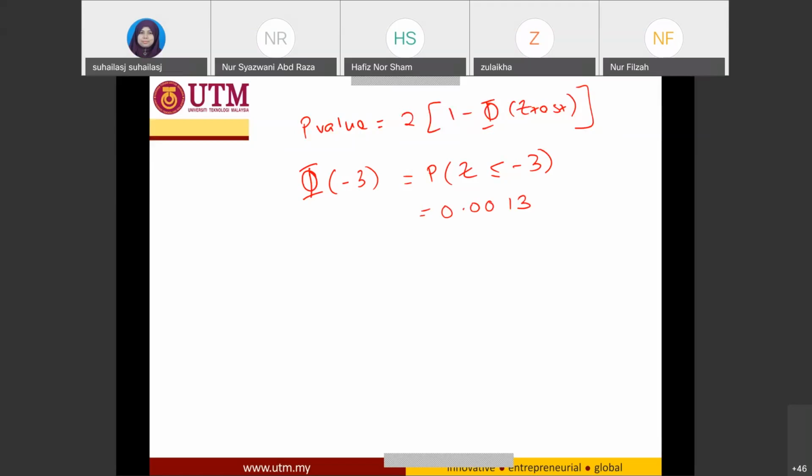So we have phi of the Z test, which is the probability Z less than or equal to minus 3. Here you have Z less than or equal to minus 3, just this part. It is symmetric in the table, 0.0013. So 1 minus.